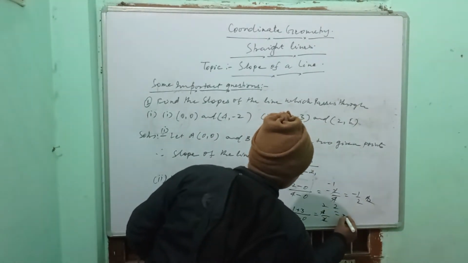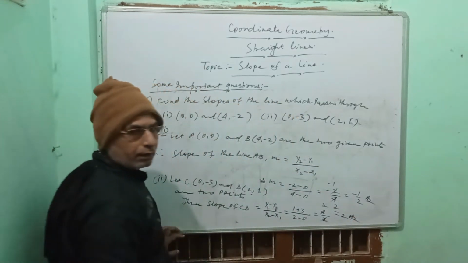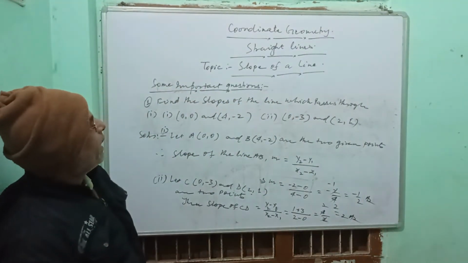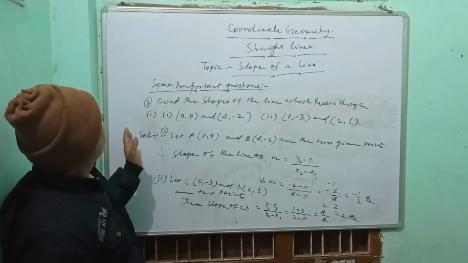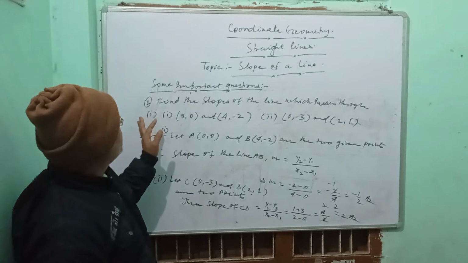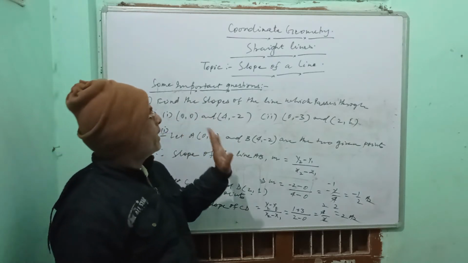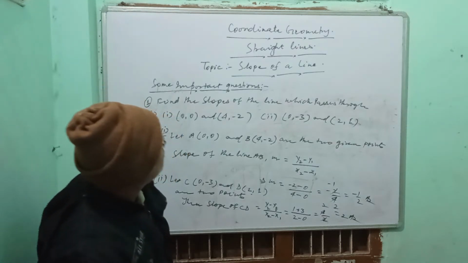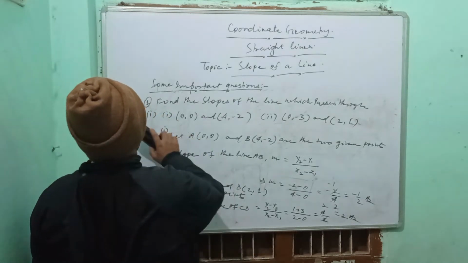Then this is equal to 2, answer. So now we had already understood about the slope of lines which pass through 2 points, and we have solved the two questions.